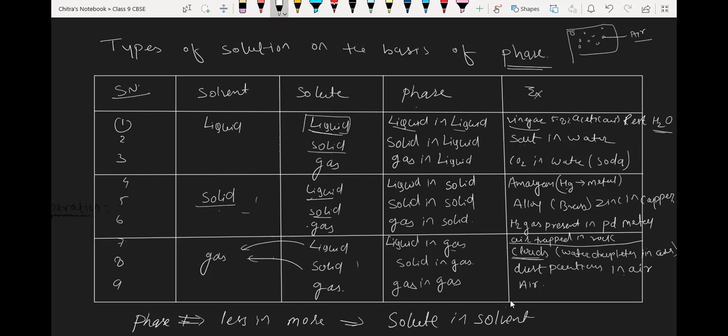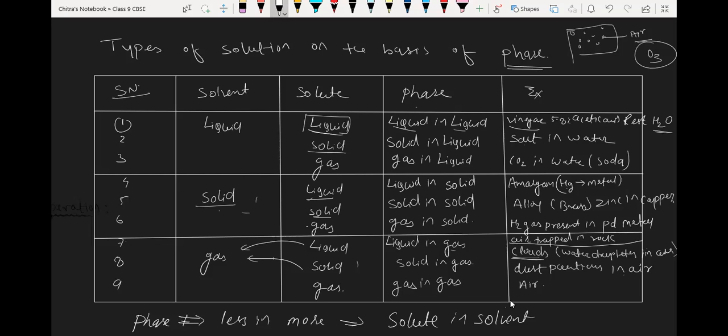Sir, what is the molecular form of ozone layer? O3. First, I want you all to take a screenshot, then we are going to discuss that. Everyone, take a screenshot.